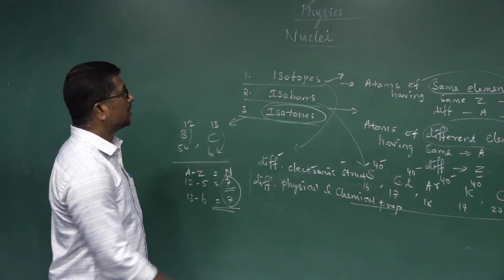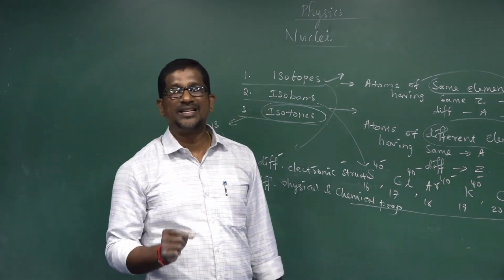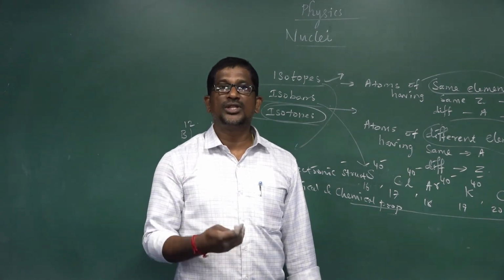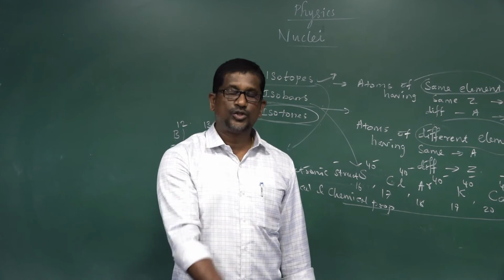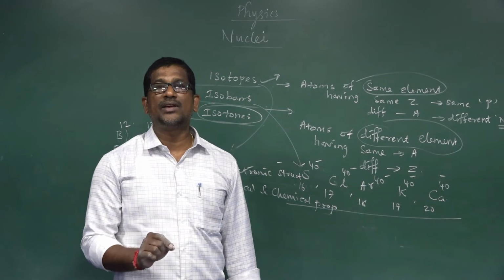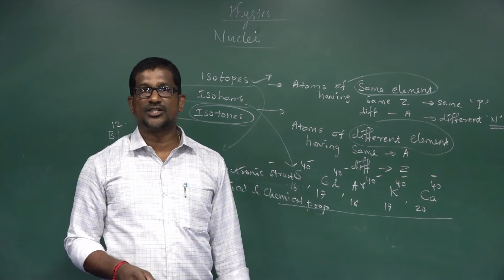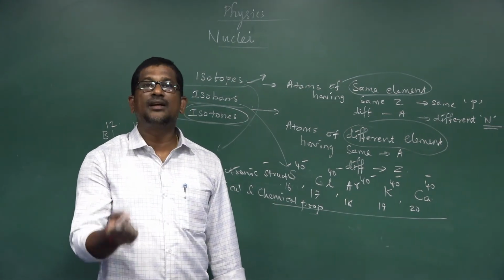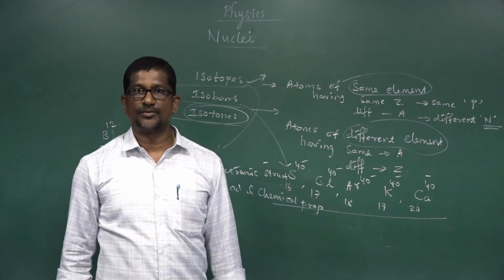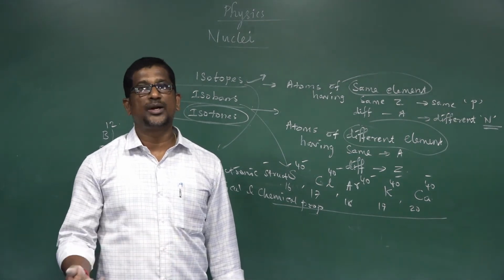So these three are the classification of nuclei. Based on the proton number and neutron number, nuclei are classified into three categories: isotopes, isobars and isotones. Isotopes are the atoms of the same element having the same atomic number but a different mass number. They have identical electronic structure and identical chemical properties, and they are located in the same location in the periodic table. Example: hydrogen 1H1, 1H2 and 1H3.